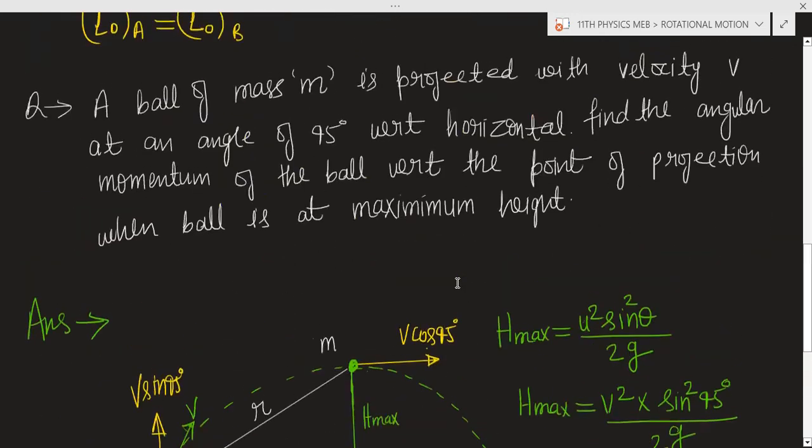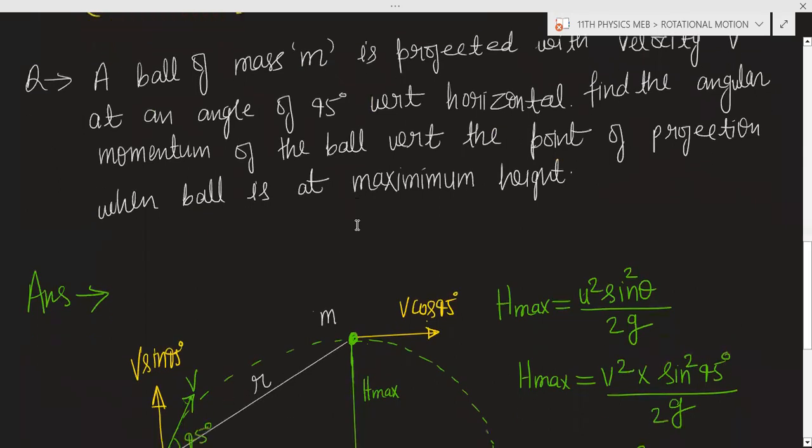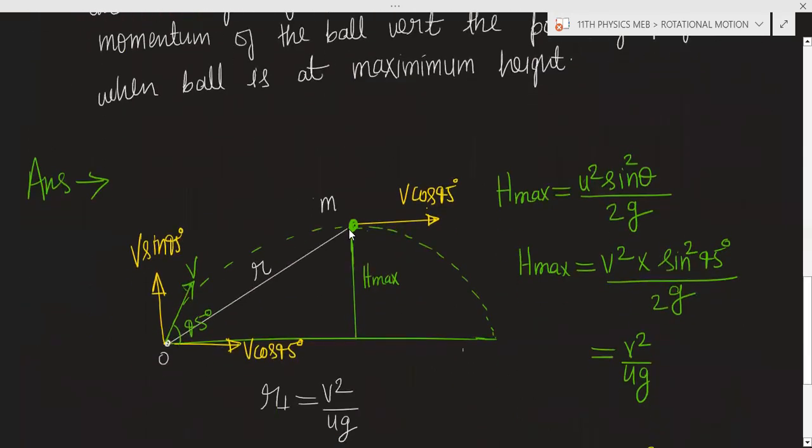So what you have to do: the ball is here and they are asking to find the angular momentum about this point. When the ball is here, what is its velocity? That is v cos 45 only, because at the highest point there is only the horizontal component of velocity and no vertical component, because the vertical component becomes zero due to acceleration due to gravity.